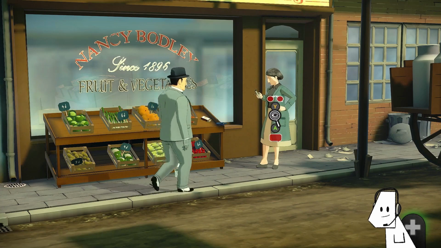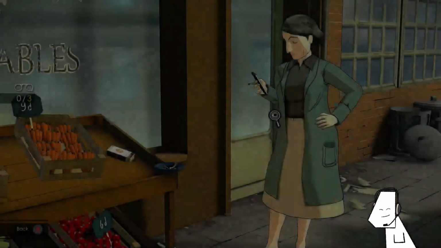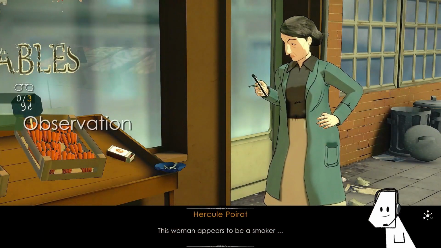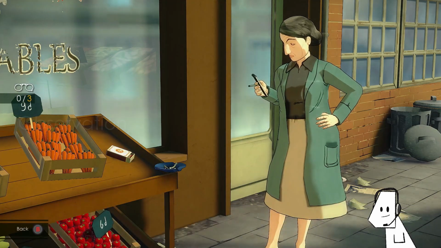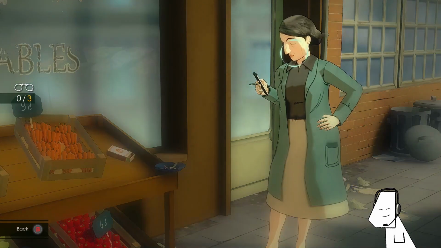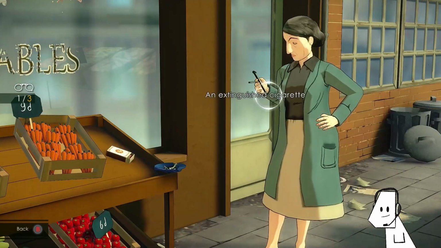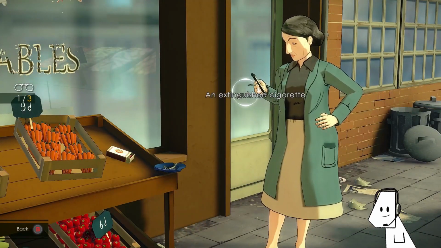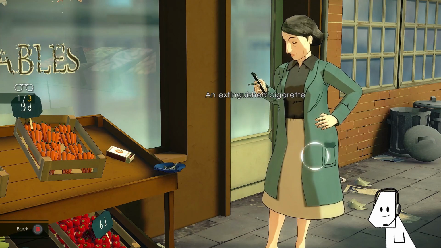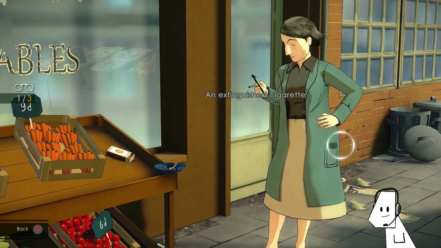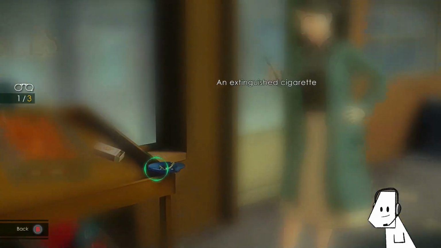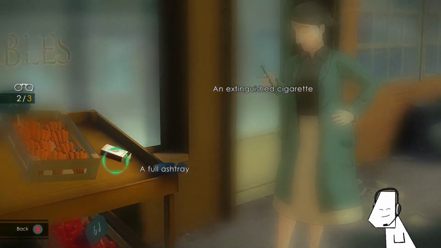Right, let's observe her before we talk to her. This woman appears to be a smoker. What's she looking at? Oh, there's a little notepad. An extinguished cigarette. Full ashtray.